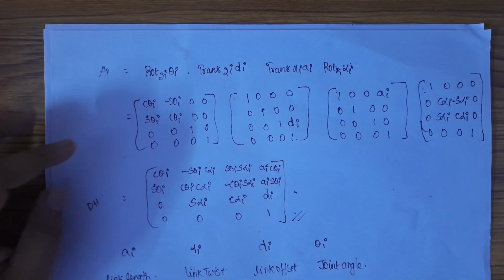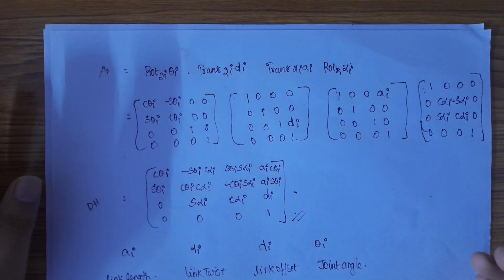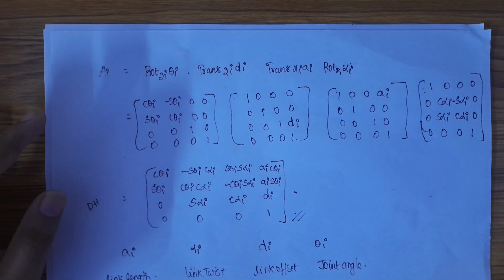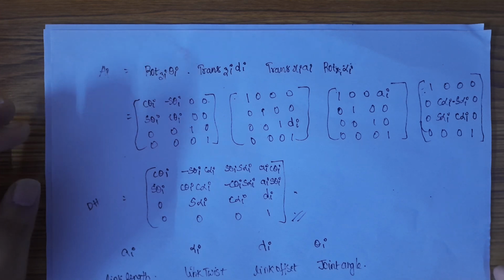Later we will go for one small problem which we have already done as an analytical model. If the same answer repeats, it means the DH transformation that we are going to do is a perfect one.